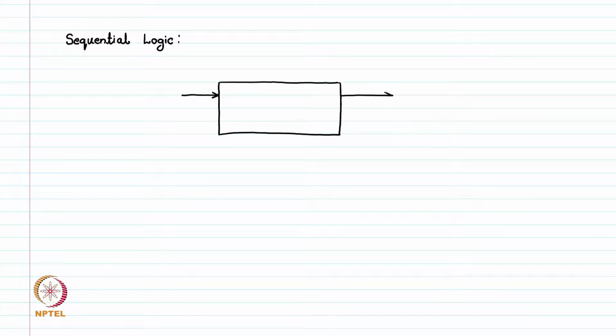Accordingly, we have outputs, and then we have some of the outputs which are fed back to the input. So, this is your feedback circuit. Most of the time this can be a D flip flop or D register.